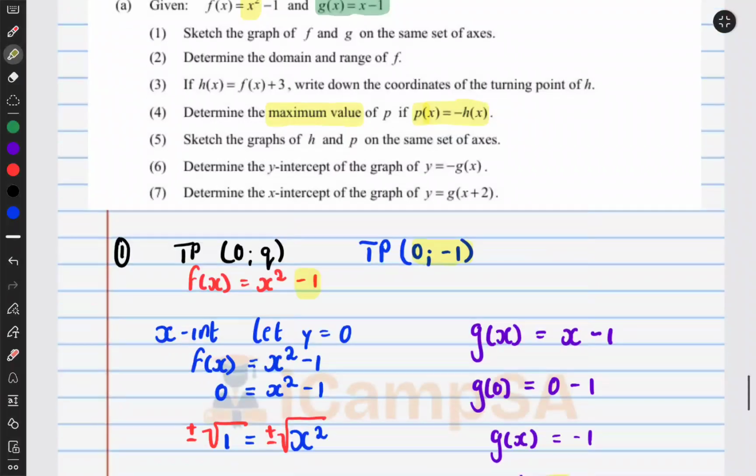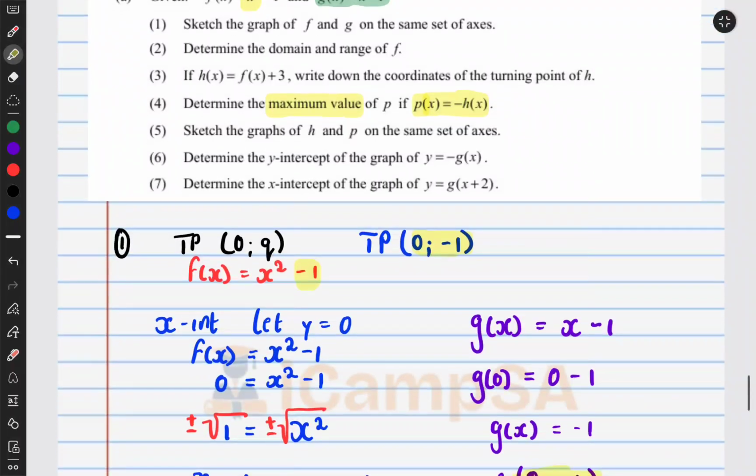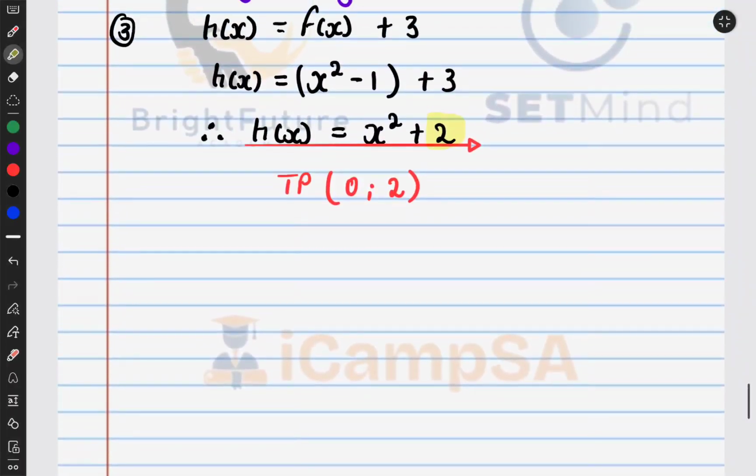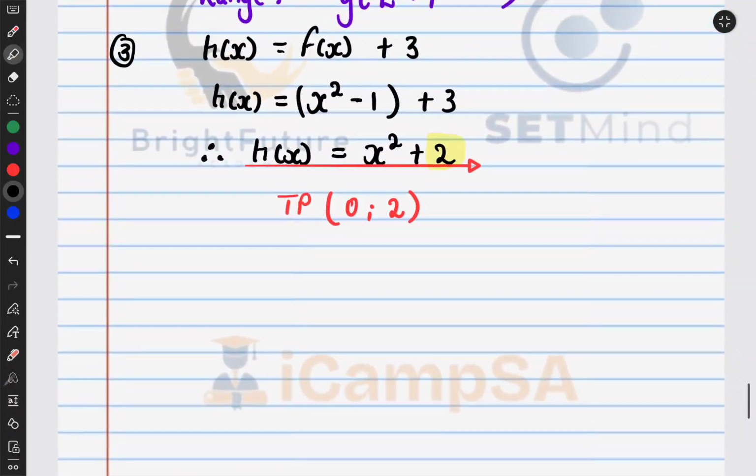Okay, so let's start by writing the new formula for p at x, and then we'll determine the maximum value, which essentially will be the turning point, but we're just going to write the value, not as coordinates.